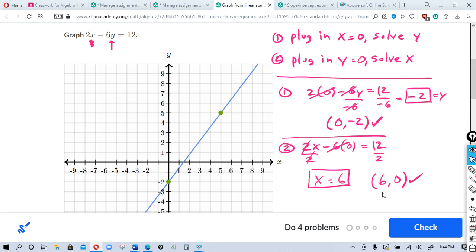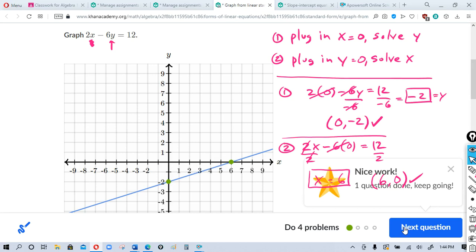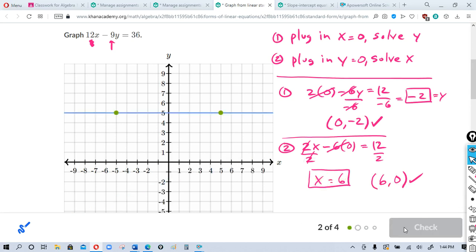And the other point is 6, 0. So go to x equals 6, right there, because this is the x-axis, left, right, and y equals 0. All right, so we don't move up or down at all. And that's it. All right, so you just drag the line into place.